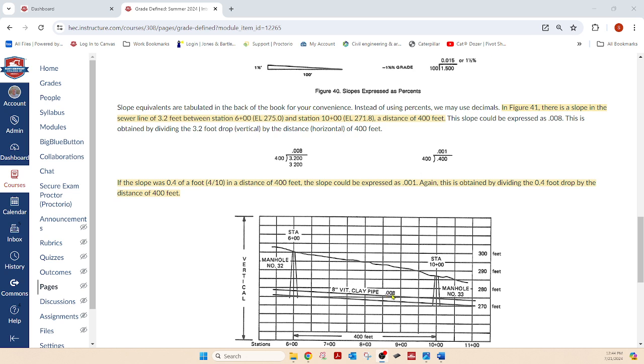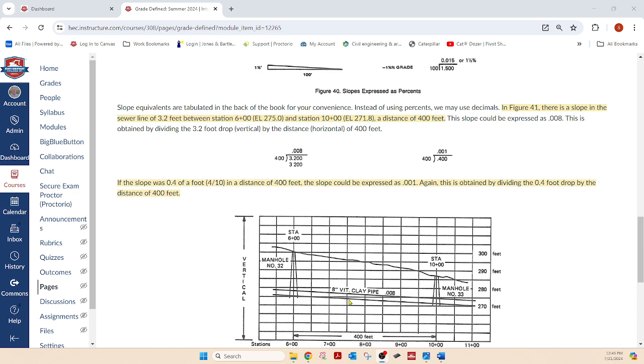So that's how they know what this fall is going to be. They calculated it by subtracting the two elevations the engineer wanted, the high one, 275, and the low elevation, 271.8, and that gave them a vertical distance of 3.2.